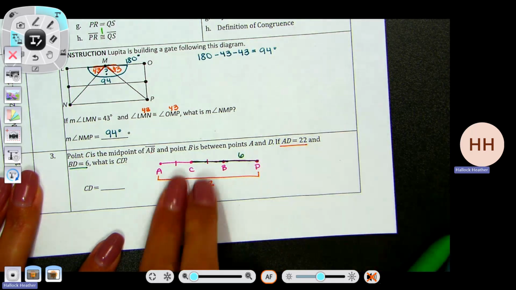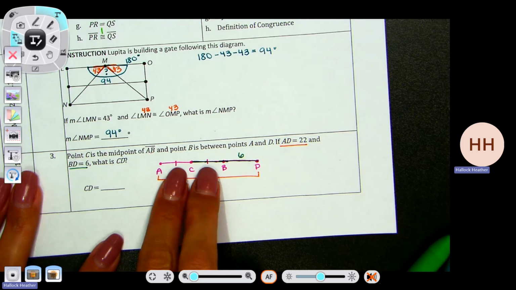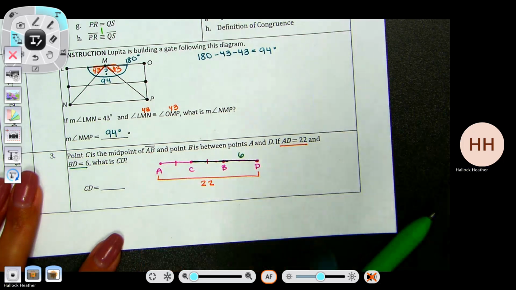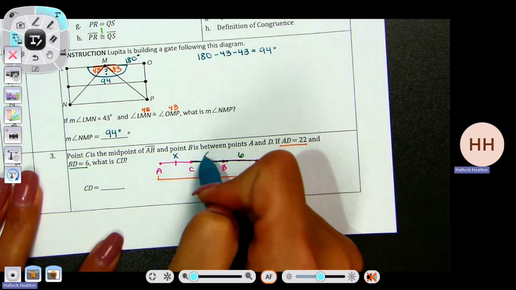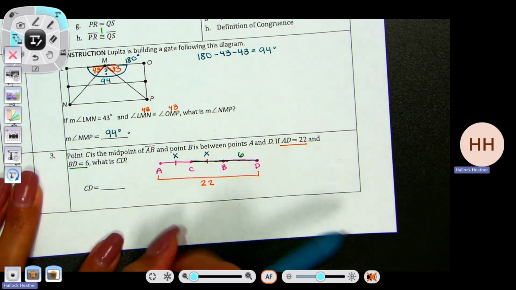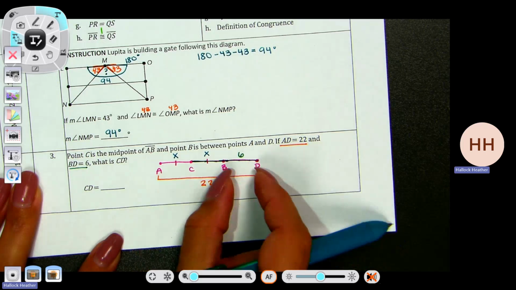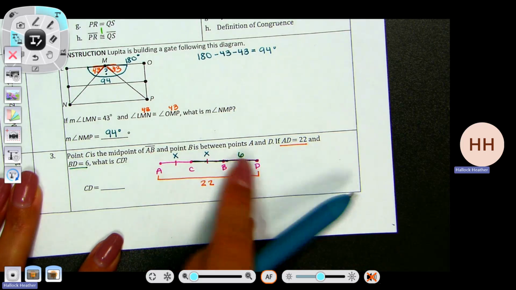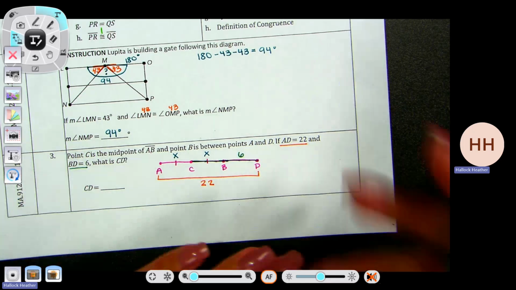Because I know these two pieces are the same, they are congruent because it's a midpoint, I can call both of these that I don't know X. So I can put a little X here, and a little X here. They're the same because C is the midpoint of AB. I also know B is between A and D. BD is 6. The whole thing is 22. So I'm doing piece plus piece plus piece equals whole. This is segment addition property.